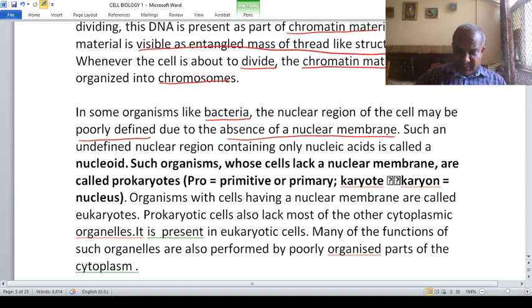Such organisms which lack a clearly defined nuclear membrane are called prokaryotes. And organisms where a clear nuclear membrane is visible are called eukaryotes. So prokaryote and eukaryote.